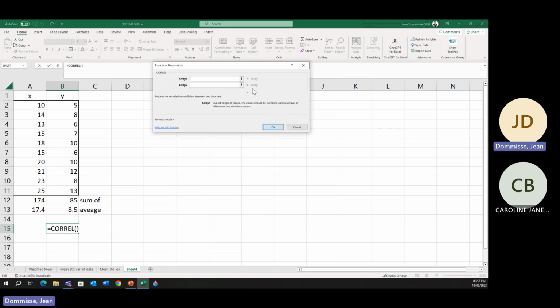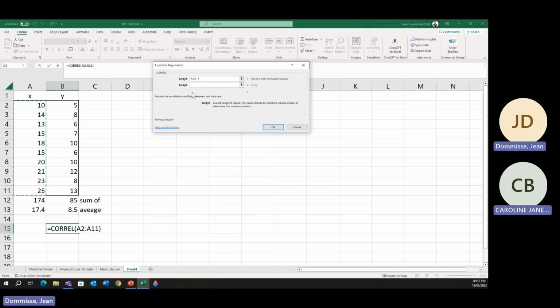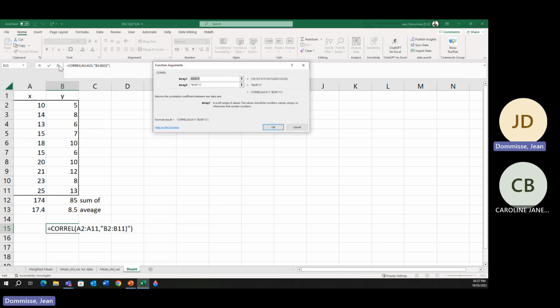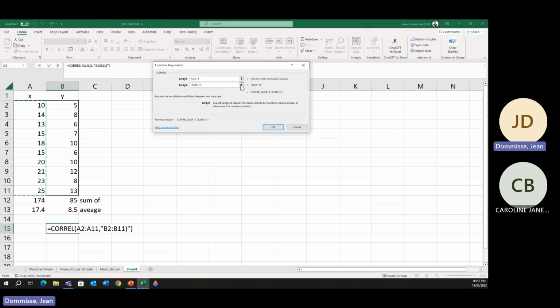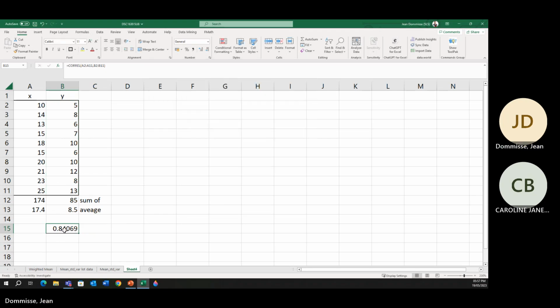In this correlation formula, all that you need to do is put in the x's and put in the y's, and that will work out your correlation coefficient.